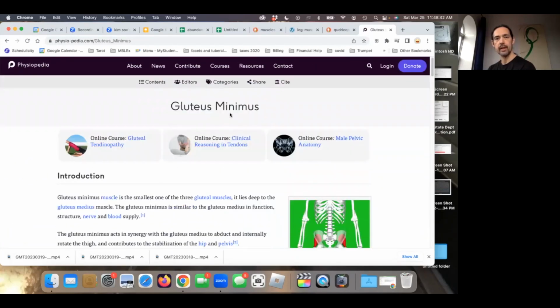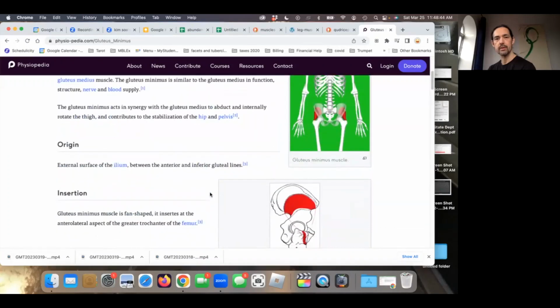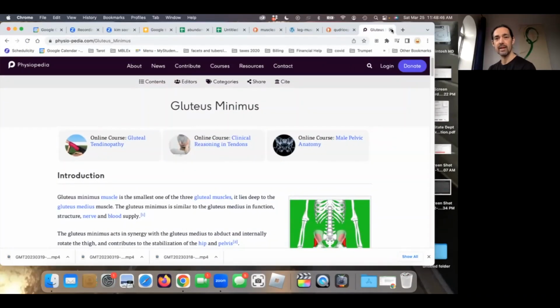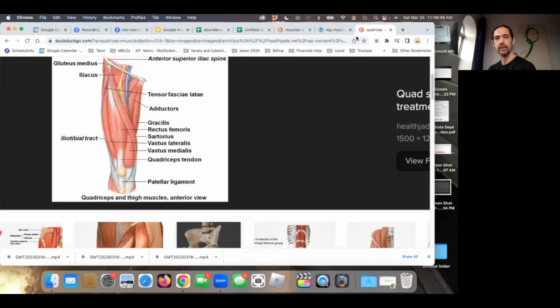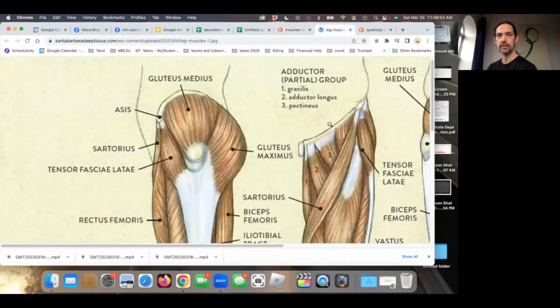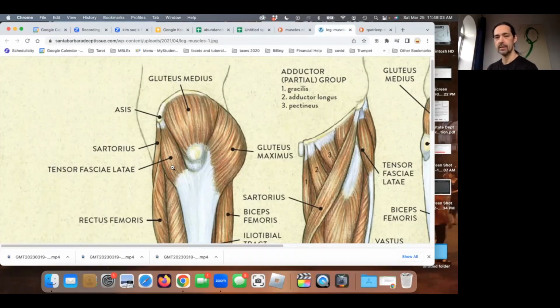Okay, so hip abductors. The abductors are a little complicated in their function, so I'm not going to go too much more into things like the piriformis, for example, which plays a role. So these muscles being on the side, the glute med, glute min, and the tensor fascia lata, they abduct. And that makes sense because they're on the side.